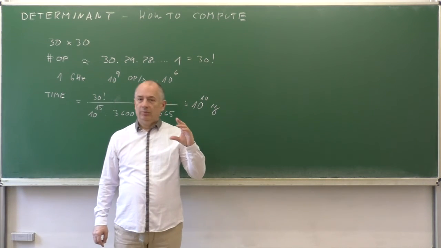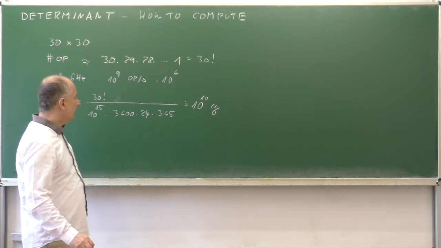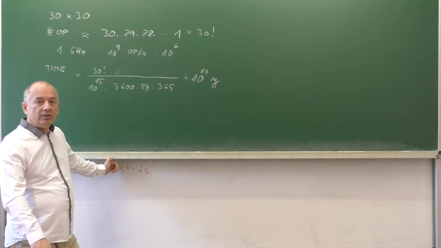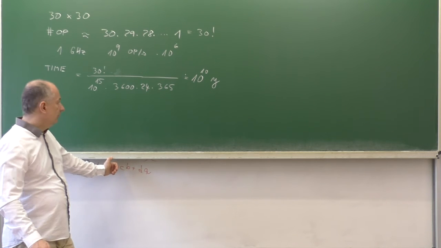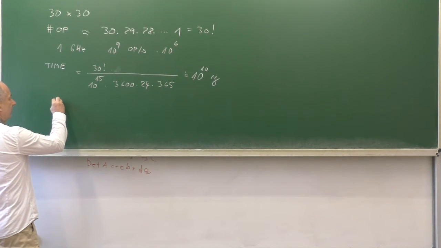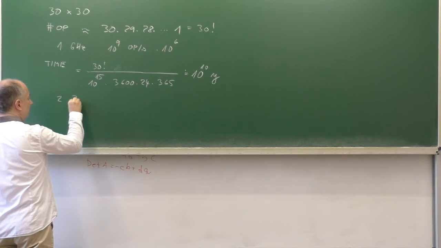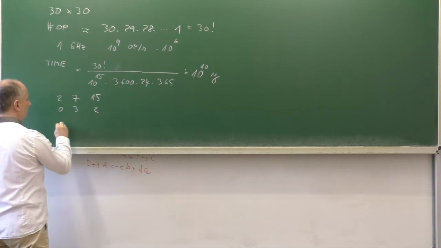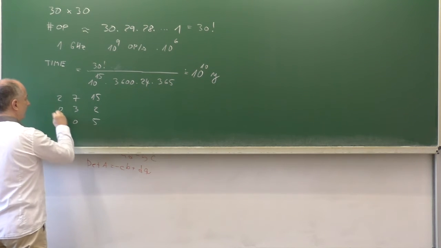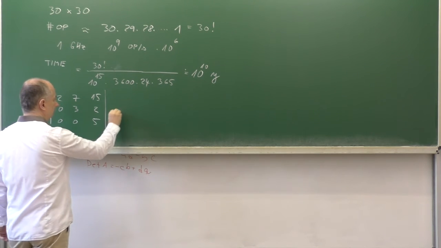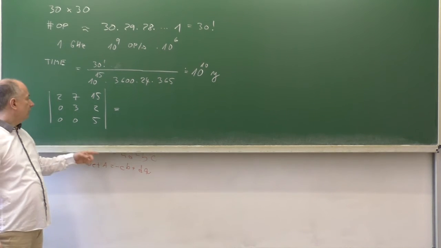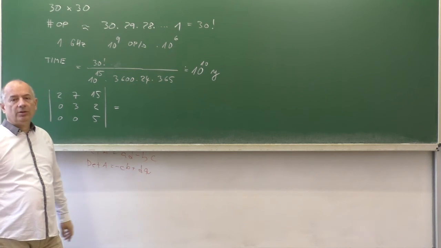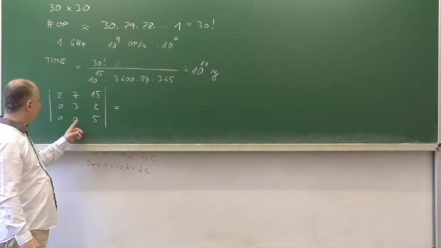So this is time to develop another method. And a much more efficient method to compute a determinant is to convert the matrix to the upper triangle form. Because if we have a matrix in the upper triangle form, say 2, 7, 15, 0, 3, 2, 0, 0, 5, you see the upper triangular form means that below the main diagonal we have only zeros, while on the principal diagonal there are nonzero numbers.